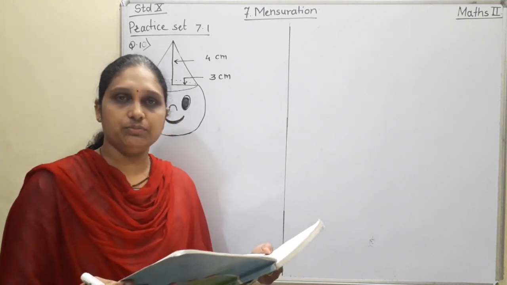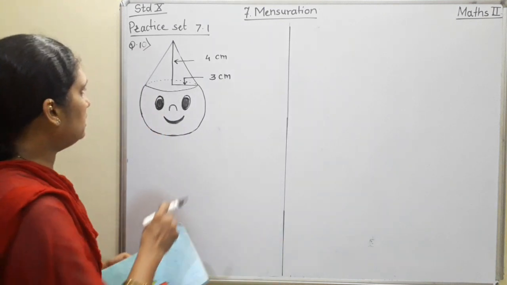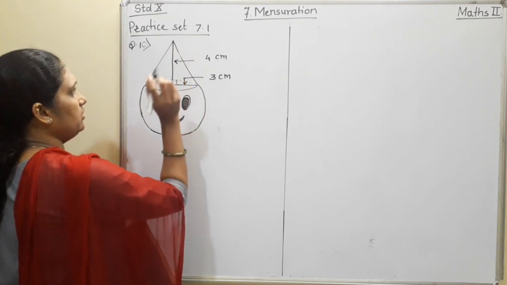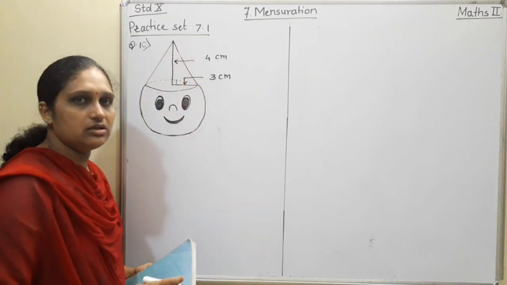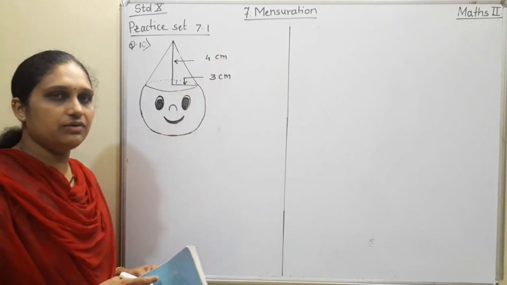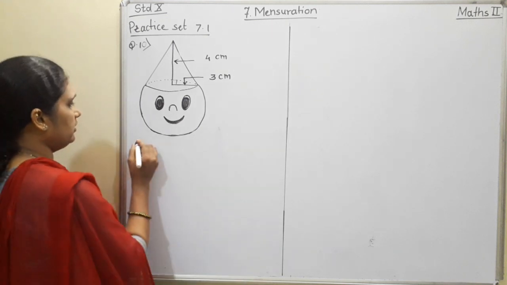and the value of pi is given as 3.14. If you observe the figure, for this cone, this is 90 degrees. The perpendicular height is given as 4 centimeter and the radius of the cone is given as 3 centimeter. So from the figure we'll write the given.